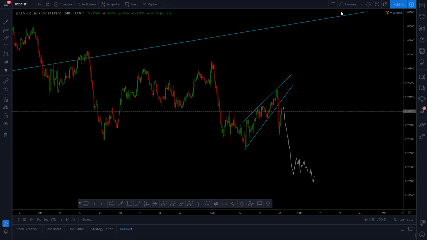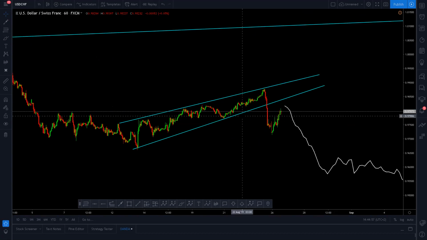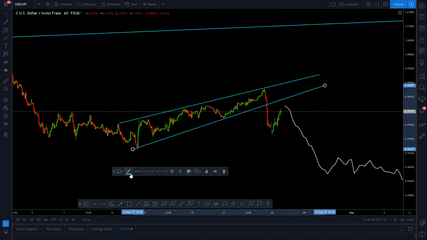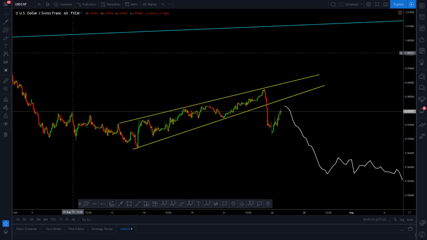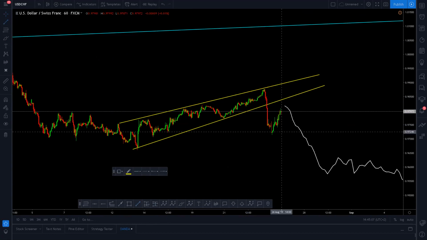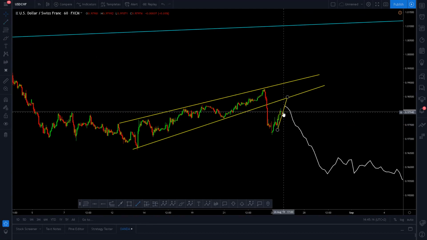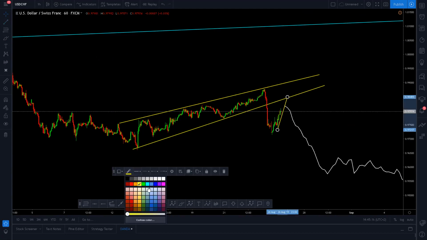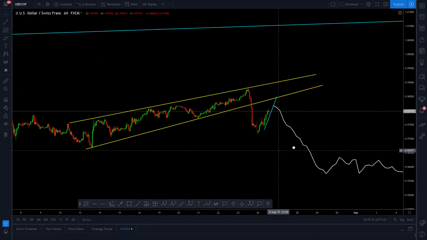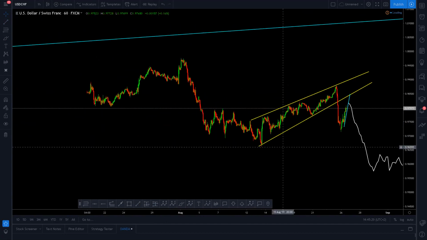On the 1 hour, since that's where we're going to be taking our trade, I'm just going to make these two yellow because my entry trend line is always blue. If this trend line breaks this one, we will look to take our entry.